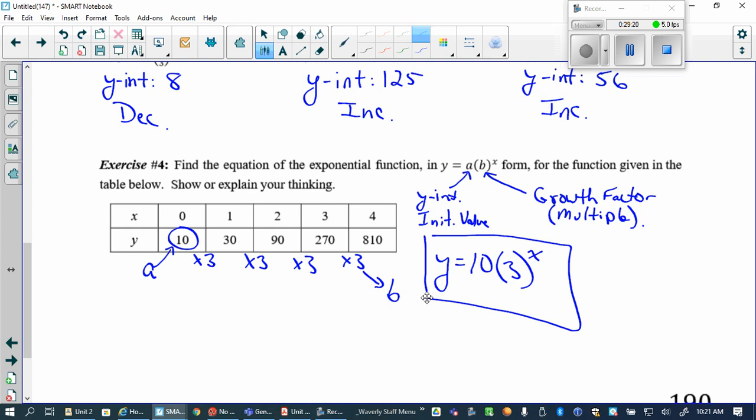Why'd you use 3? Because you're multiplying by 3 every time. For an exponential equation, you need what you started with and what you're multiplying by every time. Anybody have any questions on this? We've got a somewhat decent grasp on exponential functions? Okay. All right.